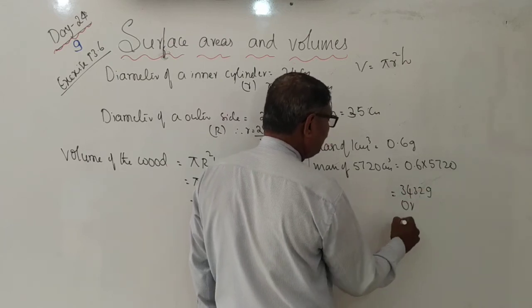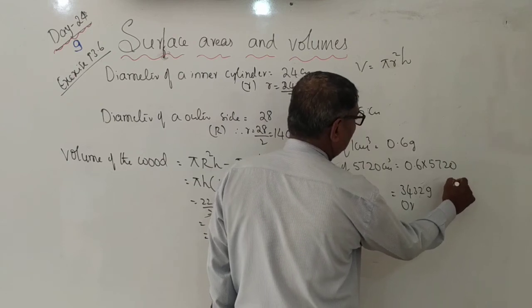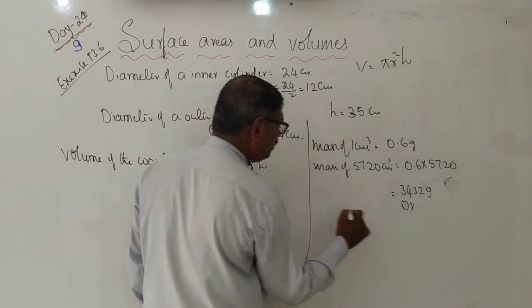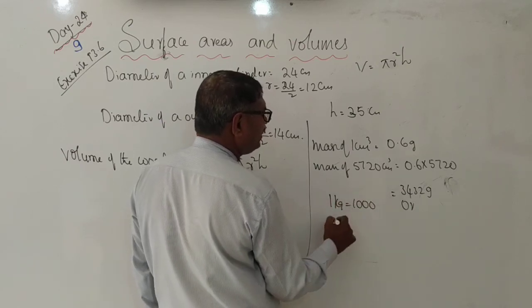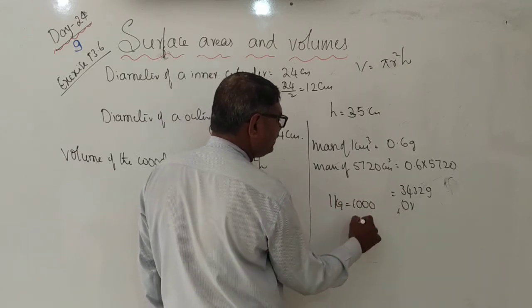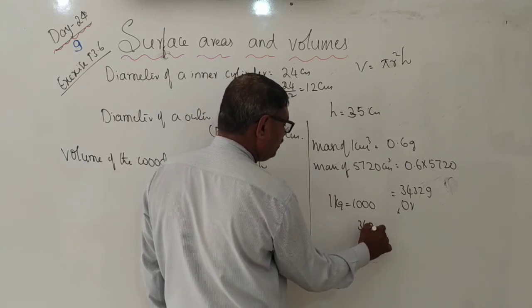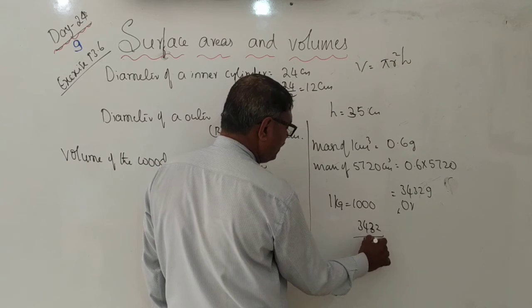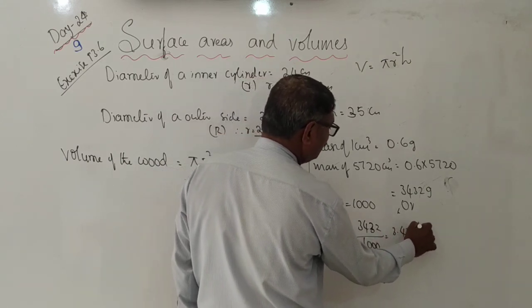Or if you want kg, 1 kg is equal to how many grams? 1000 grams. Therefore, you can write the answer as 3432 divided by 1000, 3.432 kg.